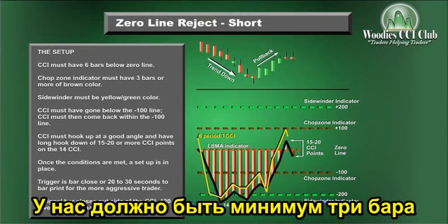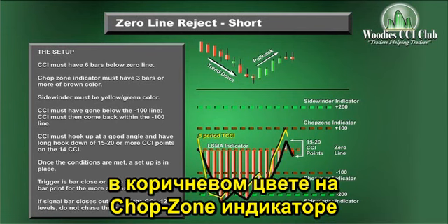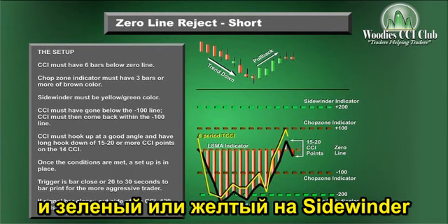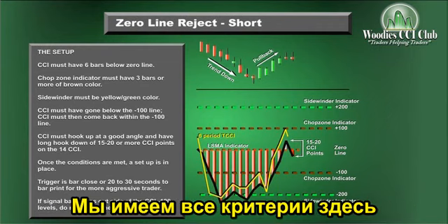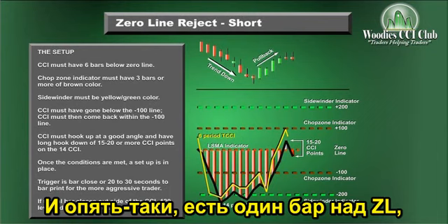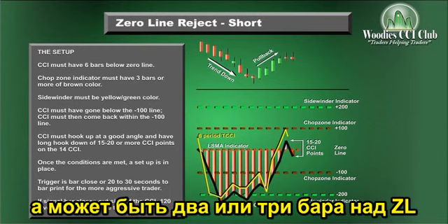We must have at least 3 bars of brown on the chop zone indicator. We must have yellow or green on the sidewinder. So we have all the criteria here. And again, even though it went 1 bar above the zero line, this could be 2 or 3 bars above the zero line.